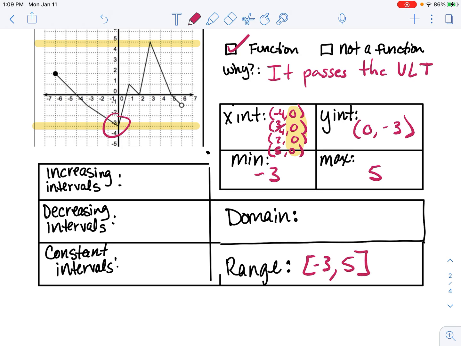And those are both values, so brackets. Okay. The domain would be from here to here. So it looks like from -6, bracket, because it's a solid dot, until +6. But that's going to be a parenthesis because that's an open dot.